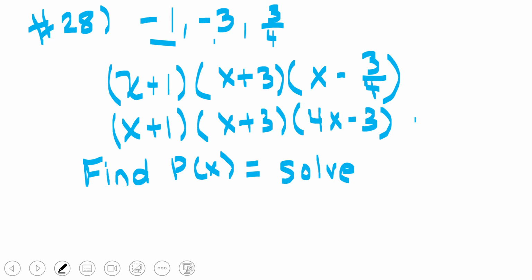I won't work this out in the video, but you continue to solve for the polynomial expression from these three factors. Okay, once again, go through the pre-reading examples, look those over, consider that when you factor your polynomials, you may need to use the quadratic formula, you may need to consider imaginary numbers, you need to remember your conjugate root theorem, that if you have one root, the conjugate is also a root.